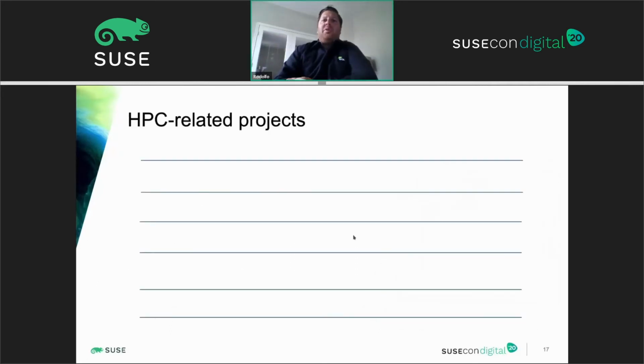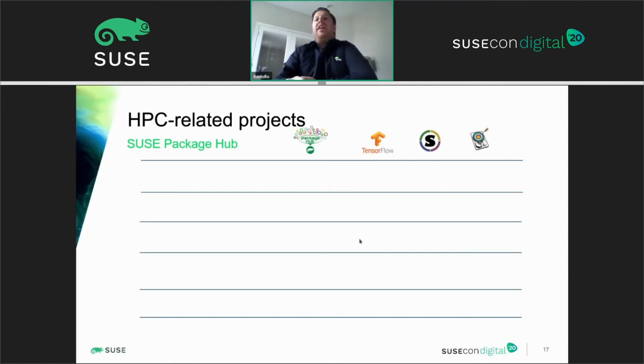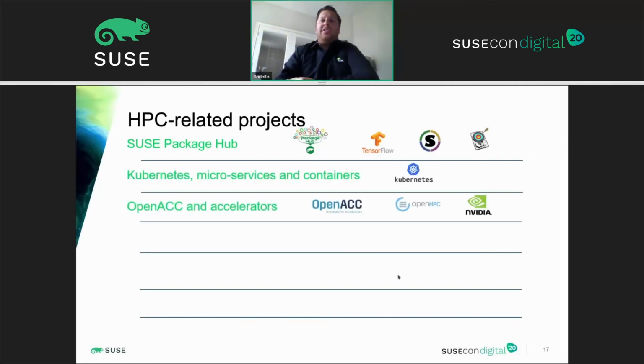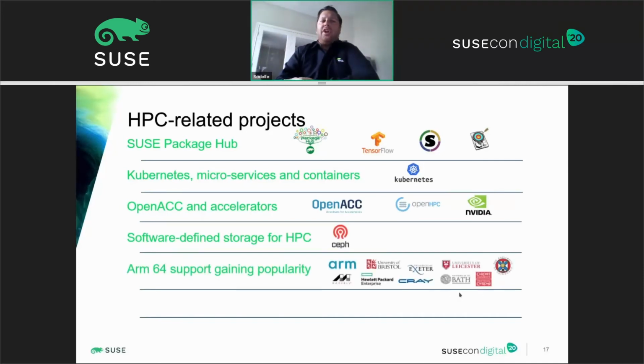The HPC module within SLES provides a fully vetted package suite for HPC workloads. We do support technologies like Kubernetes, as well as work together with GPU vendors like NVIDIA, and we are part of the OpenACC initiative, which allows for better use of the accelerators.